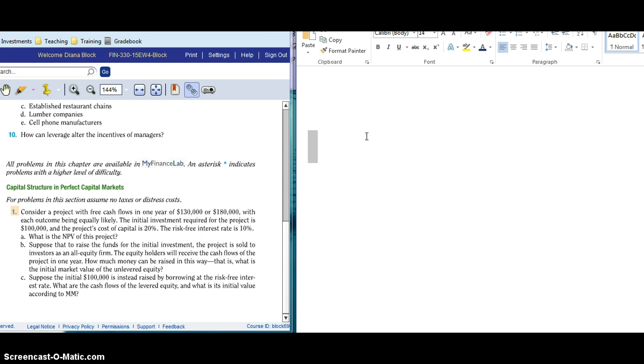But first we need to calculate an expected cash flow. We're talking about 1 year from now, and we can only enter one amount as the year one cash flow, and it tells us it's either going to be 130,000 or 180,000. So the way we're going to get the expected cash flow is to say our expected cash flow is 1/2 of 130,000 plus 180,000.